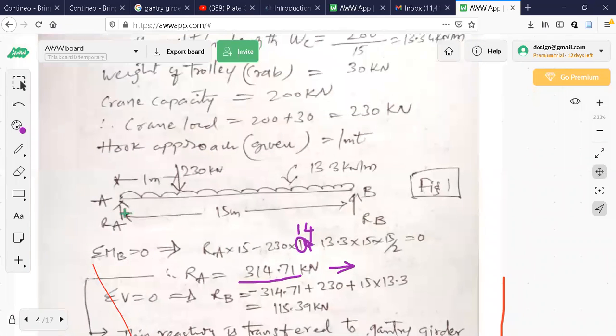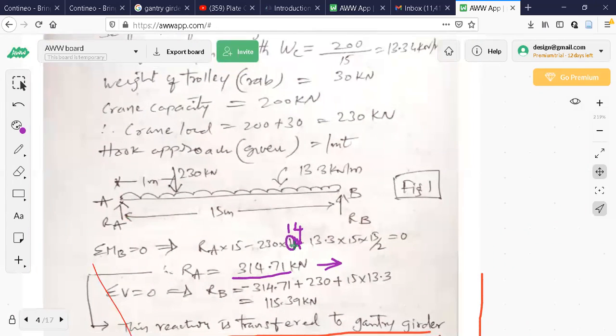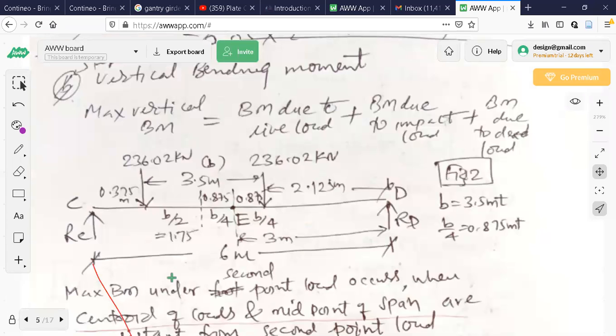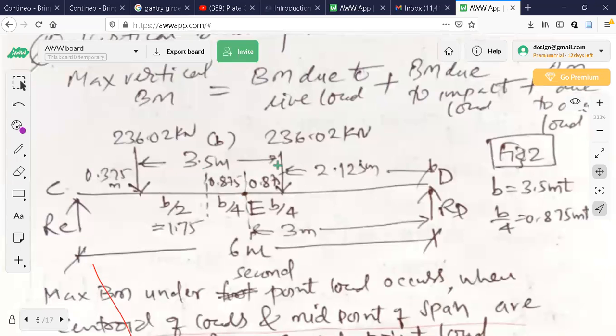15-meter. I have found out the reactions. I have transferred the reactions on 2 wheels at the end of this step. That is, I am showing you on the gantry girder. See this. Wheels are separated by 3.5 meters. So the distance between two rear wheels, backside wheels, the distance between those two wheels is 3.5 meter, which is given in the problem.